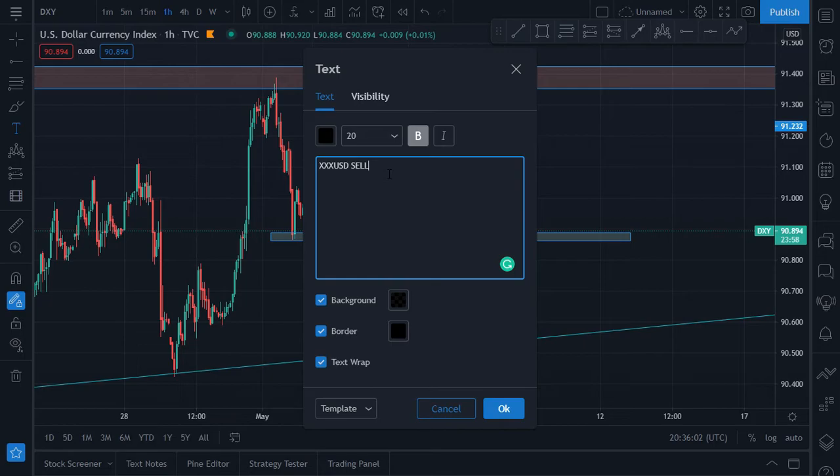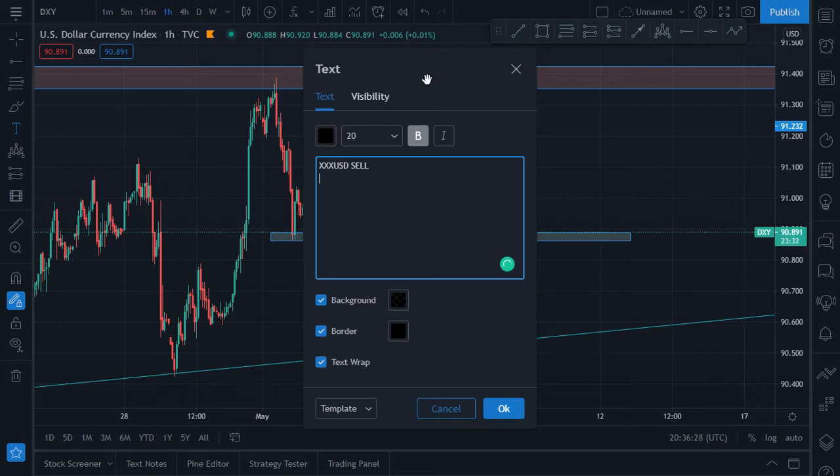Then pairs that end with USD would be buying. But since our NFP payroll is probably positive because the dollar index is showing this buying momentum, then we are selling these pairs that end with USD.